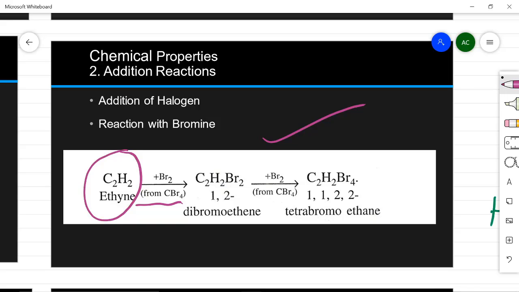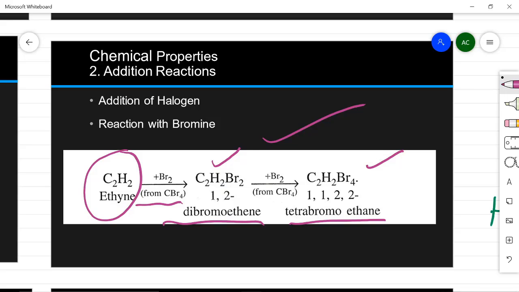Its brown color disappears due to the formation of addition product, and tetrabromoethane is formed. And from where this bromine is coming here, यहाँ पे हम ये reaction कार्बन टेट्राब्रोमाइड के साथ भी कर सकते हैं, जहाँ से हमें ब्रोमीन मिलता है. सो अगेन सेम थिंग, पहले सिंगल डबल बॉन्ड में आ जाएगा, इथीन बनेगा, फिर सिंगल बॉन्ड में आके इथेन बन जाएगा.